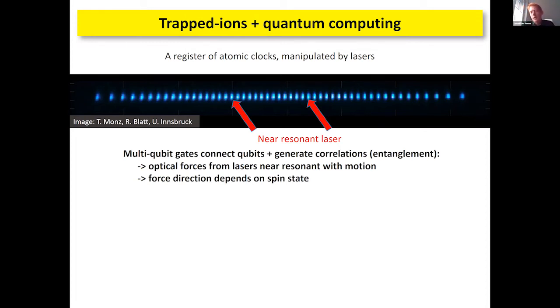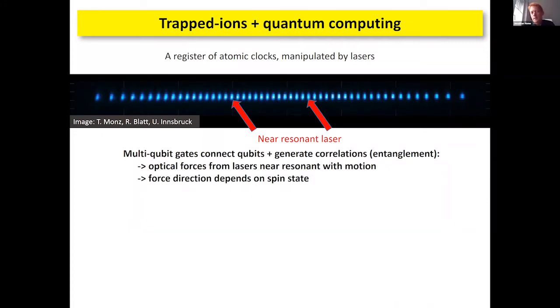But in addition to that, the direction of the force on any given ion should depend on the internal state. So the clock can be in 2 spin states. I can think of an atomic clock as being spin up and spin down, or superpositions of those. And now we imagine that the force direction just depends on which of those 2 states you're in.